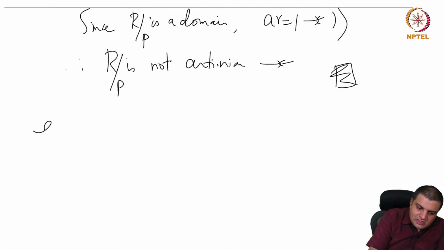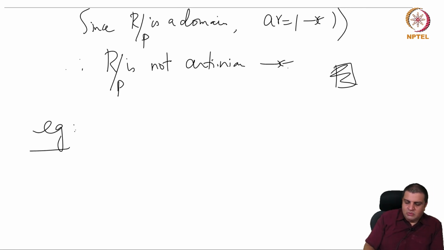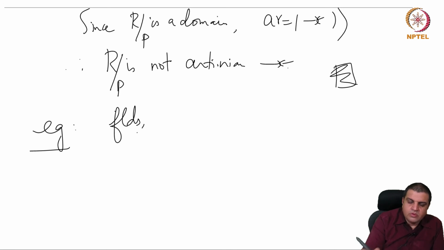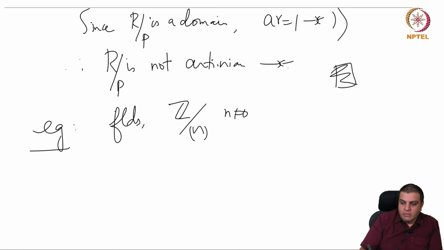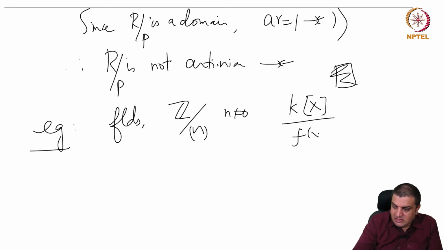So let's take a quick look at some examples. Fields, Z mod n where n is non-zero, same argument. k[x] mod some f(x), k a field, f not 0.